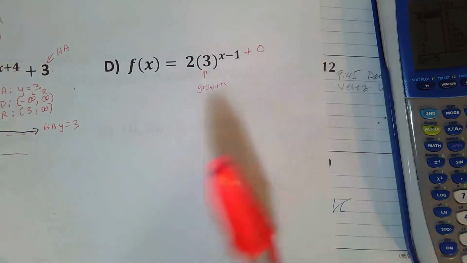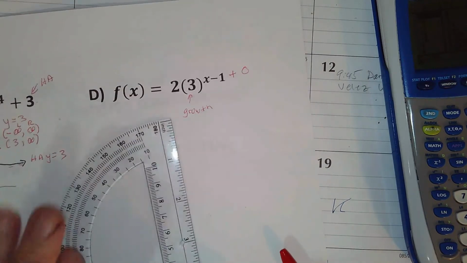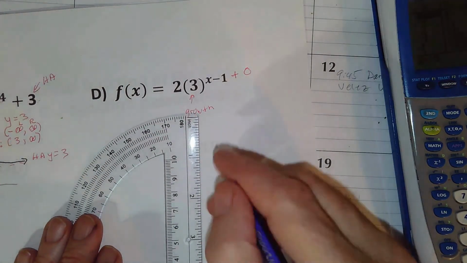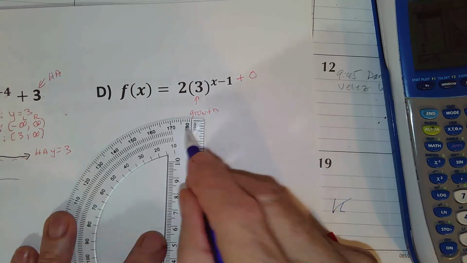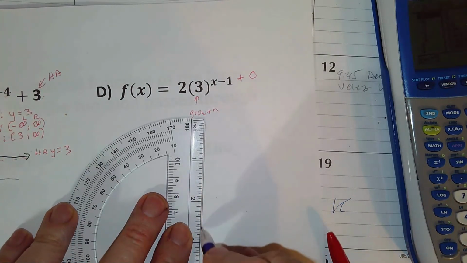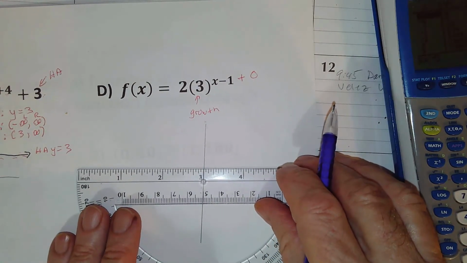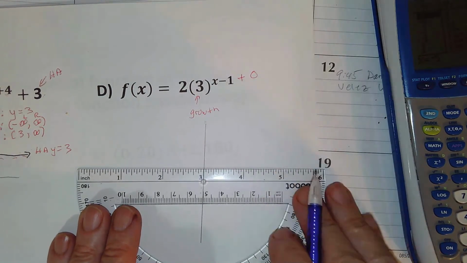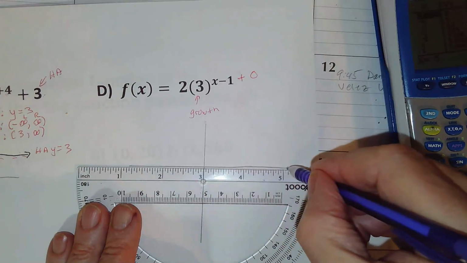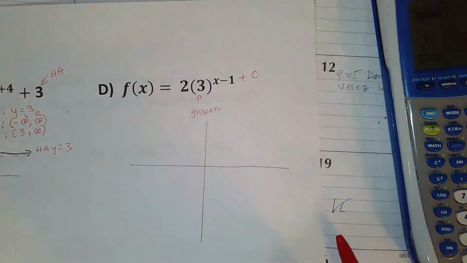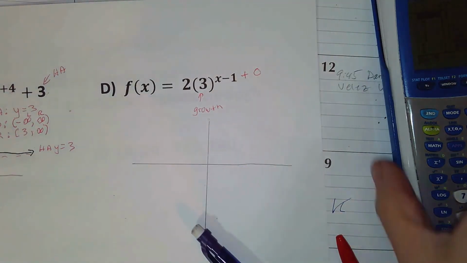Okay, so let's quickly set up a graph. This is a little crooked, but I got it set up at 90-degree angles. All right, so let's graph this.